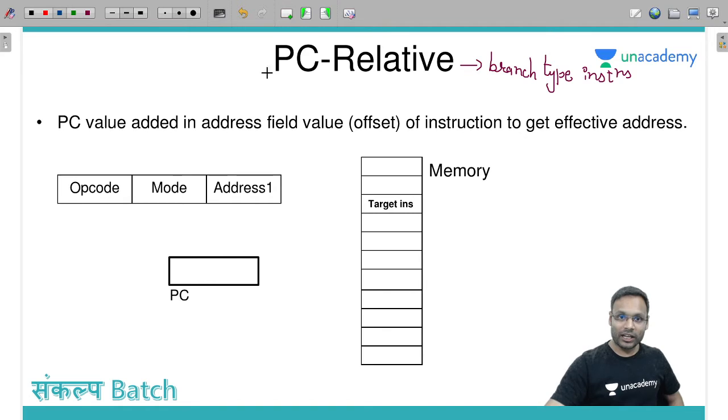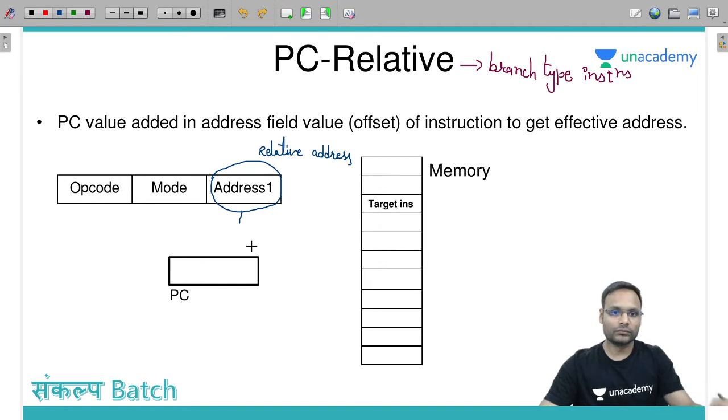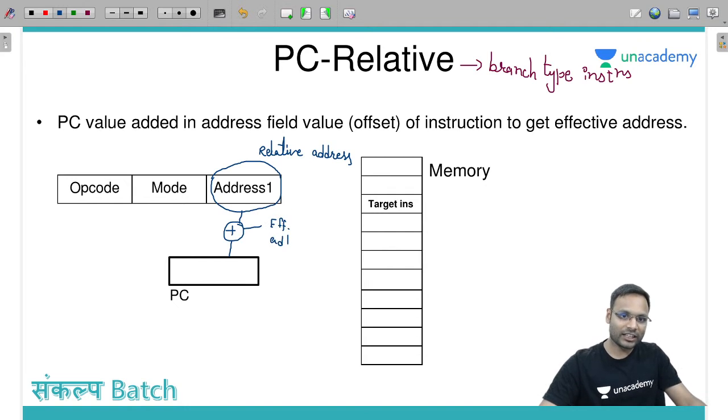So this particular PC relative mode says that in this address part we will be having relative addresses, कि कितनी दूर हमें जंप करना है, वो रिलेटिव लोकेशन यहां पे मिल जाएगी. उसको ऐड कीजिए पीसी की वैल्यू में, and you will get the effective address, and that effective address is nothing but the address of the target.